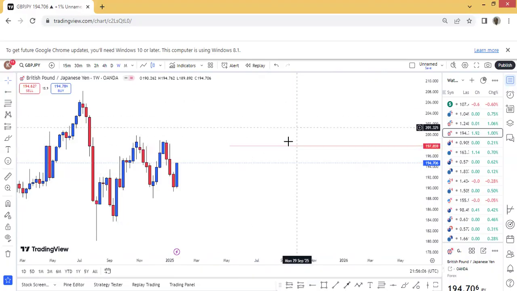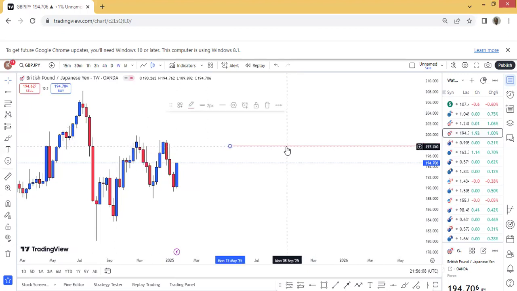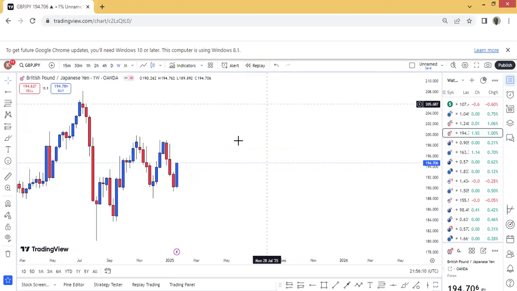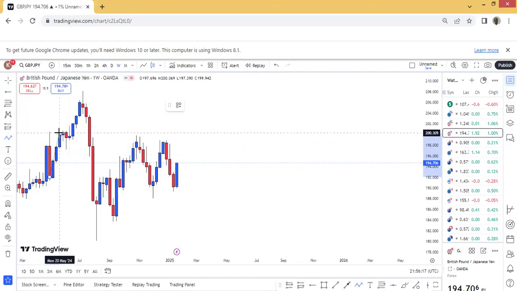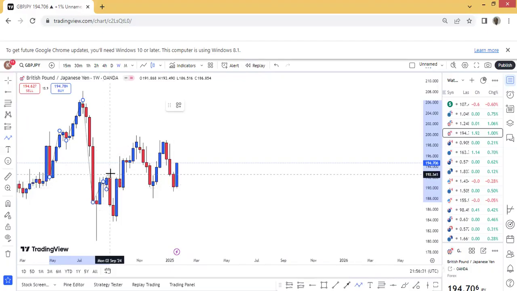Oh, my chart is not responding. Market was moving up, down. Then we formed a lower low. It became bearish, a pullback, bearish again.